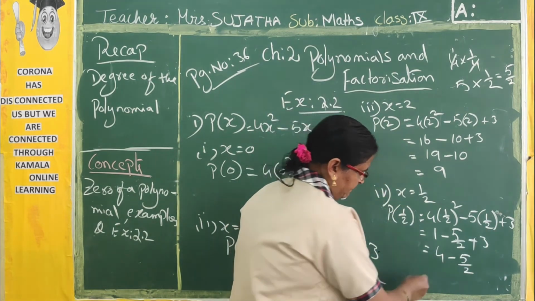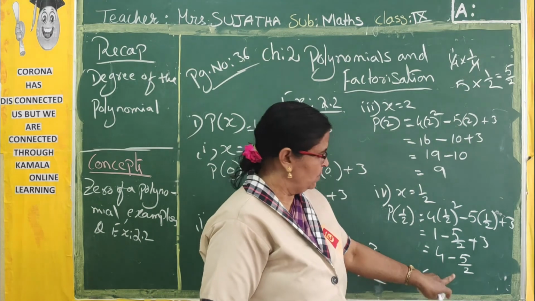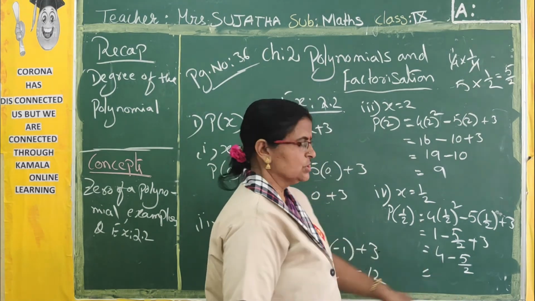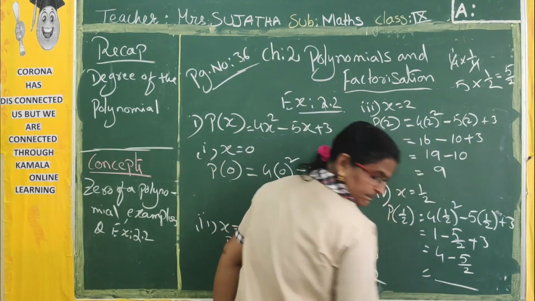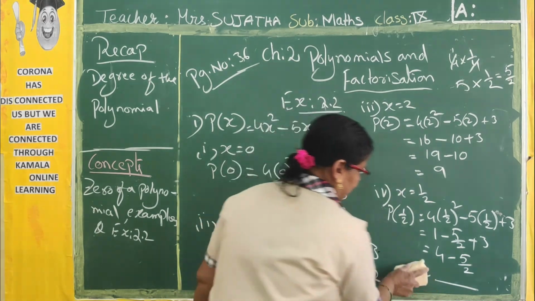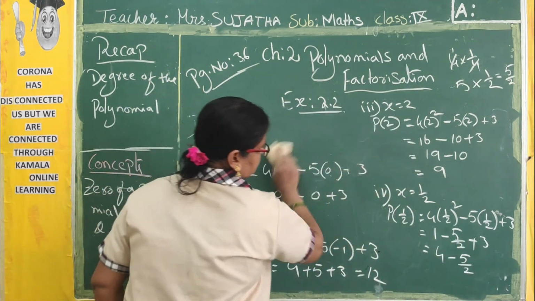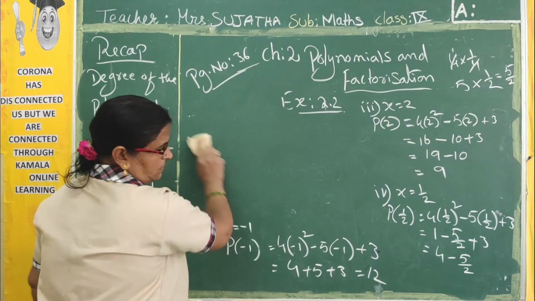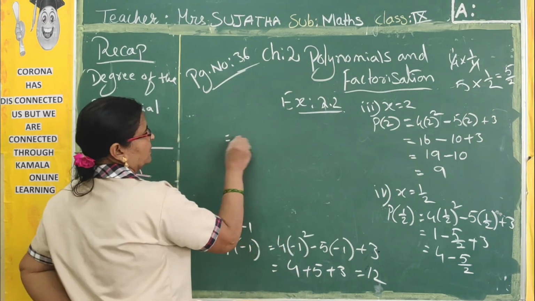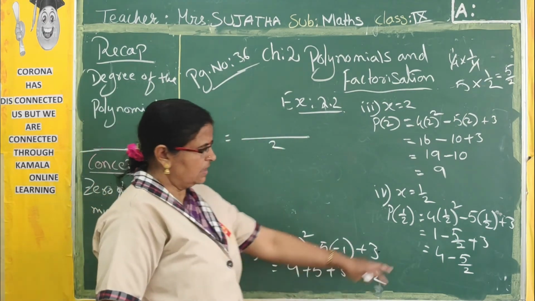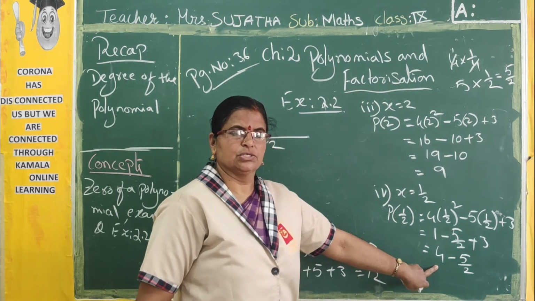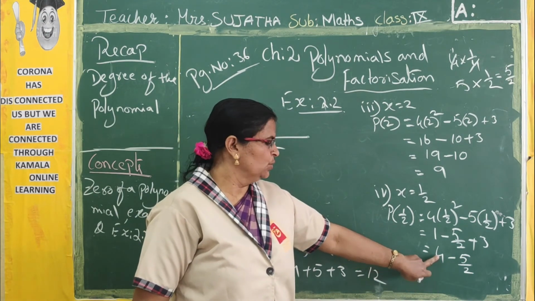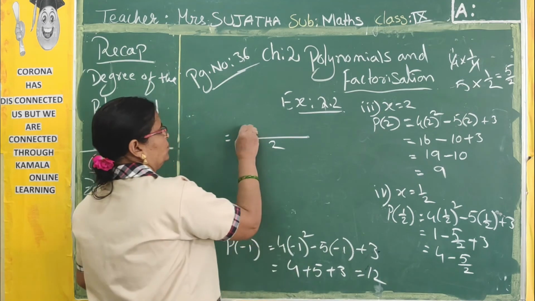Now, how can you subtract this? You have to take the LCM. 4 minus 5 by 2. So what is the LCM here? 2 is the LCM. Here the denominator is 1, so 2 divided by 1 is 2, and 2 into 4 is 8.